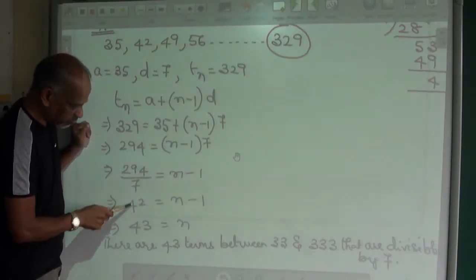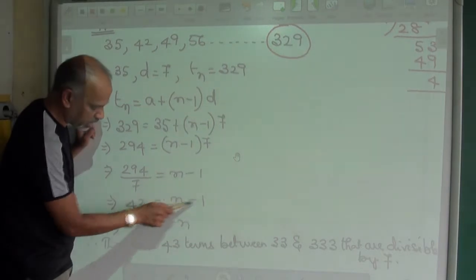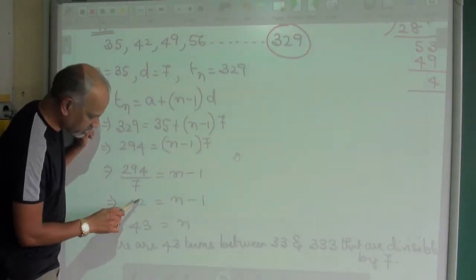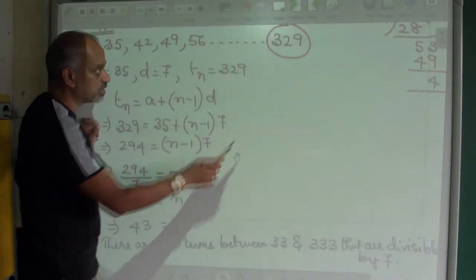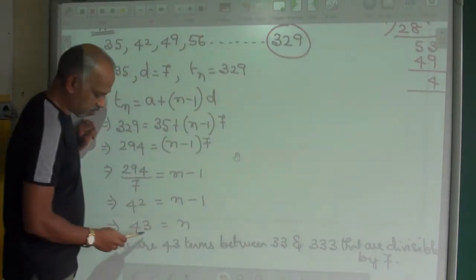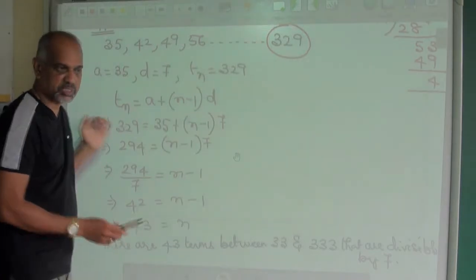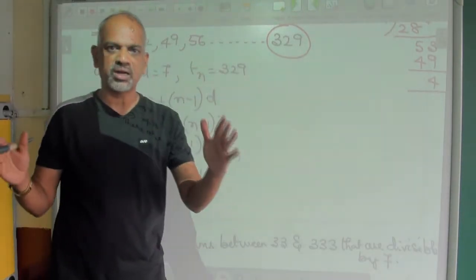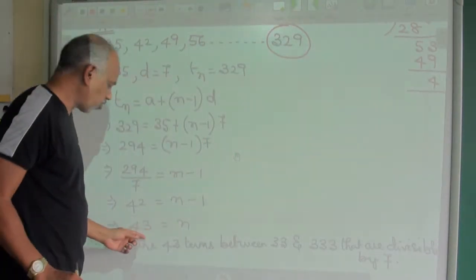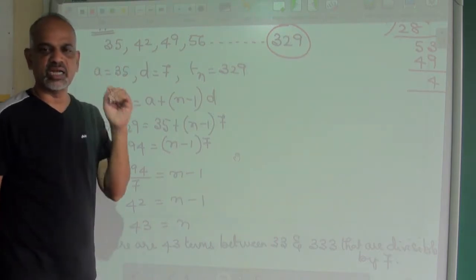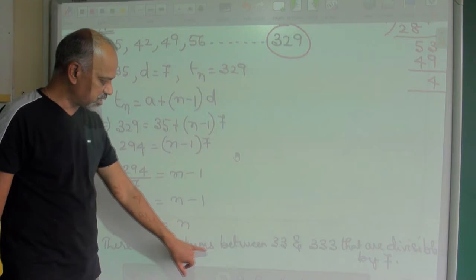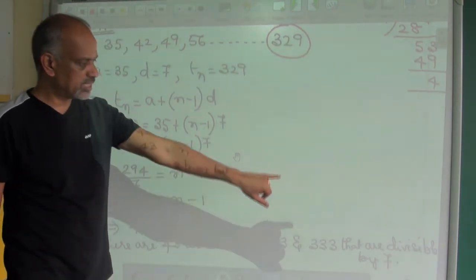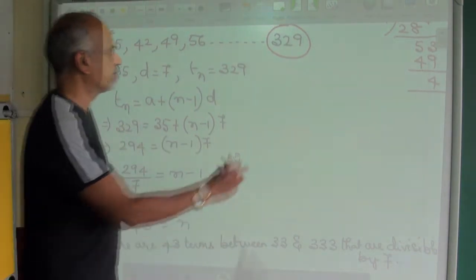If you divide this, you will get 42 is equal to n minus 1. Bring this minus 1 this side. 42 plus 1 is 43 is n, which means this 329 is the 43rd term, which means between 33 and 333 there are 43 terms which are divisible by 7. Therefore, there are 43 terms between 33 and 333 that are divisible by 7.